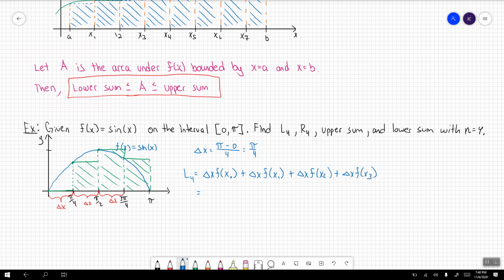Remember, all the delta x's are exactly the same; that delta x is pi fourths. f evaluated at x sub naught is f of 0, so sine at 0. Then f of x sub 1 is sine at pi fourths, f of x sub 2 is sine at pi halves, and the next is sine at 3 pi fourths.